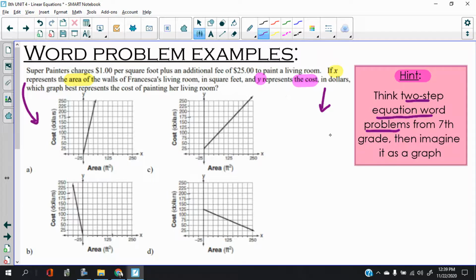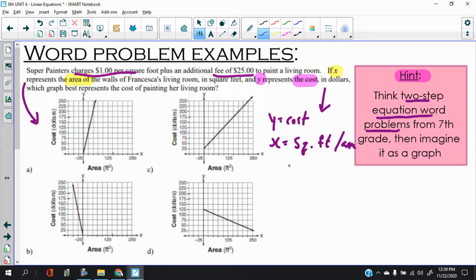Now, let's go back. So think two-step word problems, right? $1 per square foot and an additional fee of $25. So remember, if Y represents the cost and X represents square foot, or the area, how would you write this as an equation?